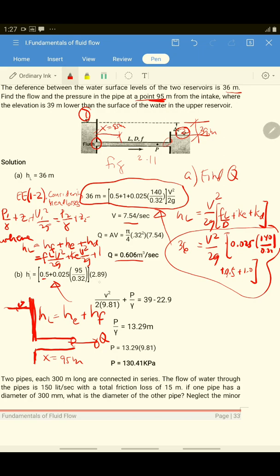Upon derivation, the head loss is equal to KE V squared over 2G plus FL V squared over D 2G. So you have V squared over 2G times KE plus FL over D.